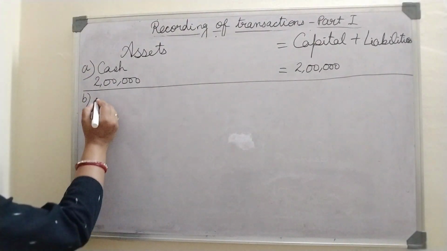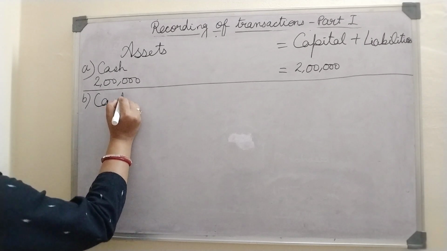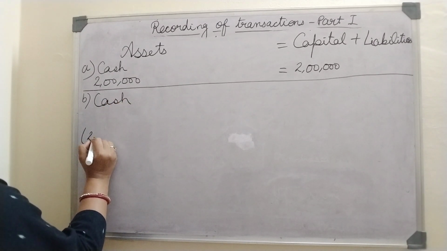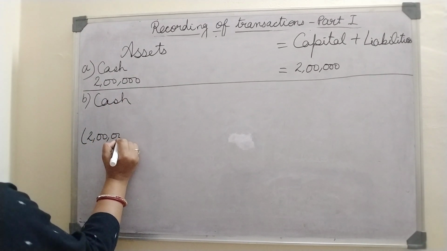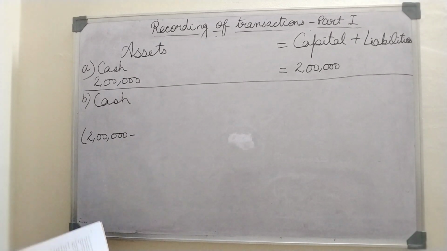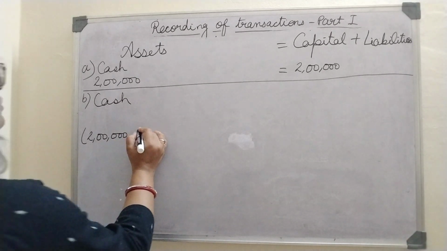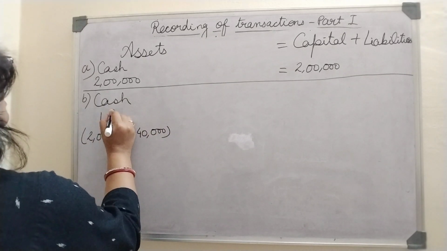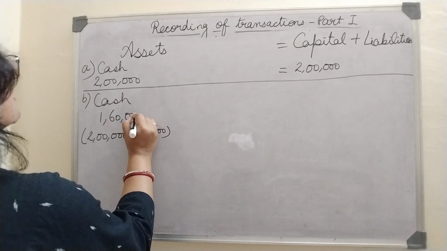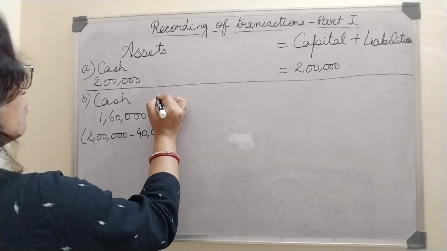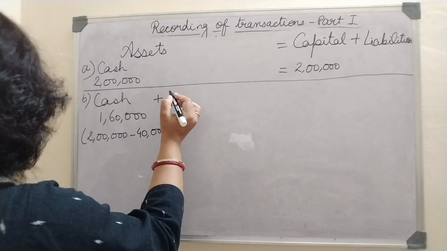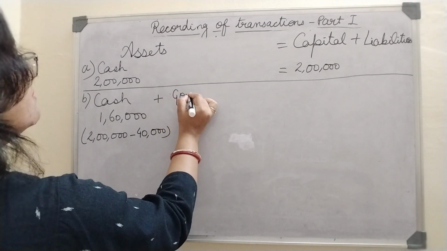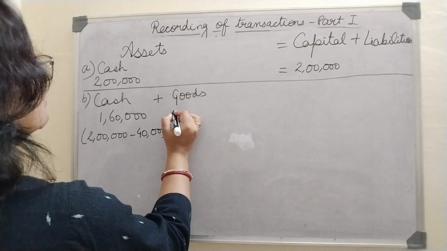So when we are purchasing something, obviously I have paid the cash of 40,000. So it comes to 1,60,000. Now what I have purchased? I have purchased goods. So in the same side, the amount will be added.